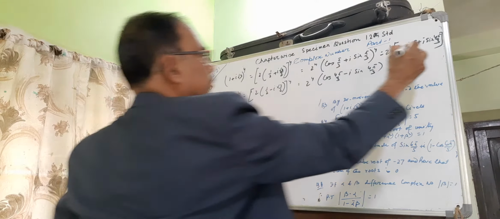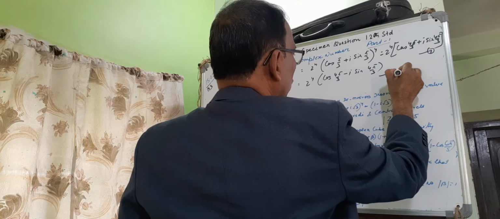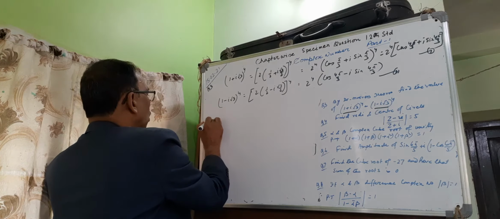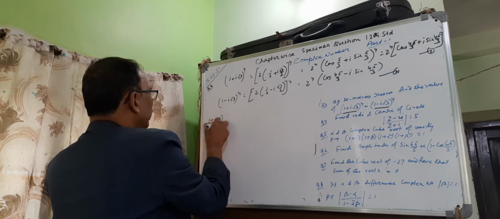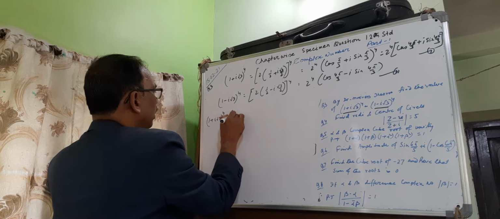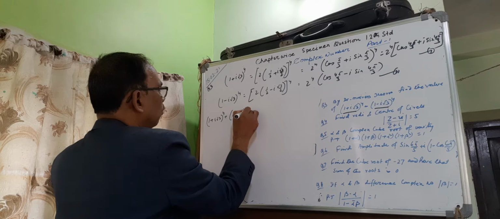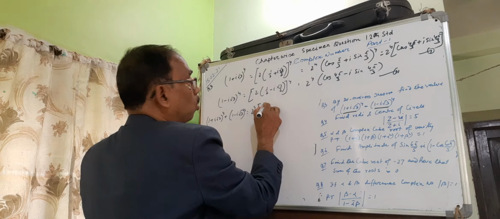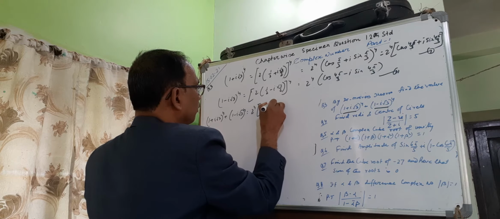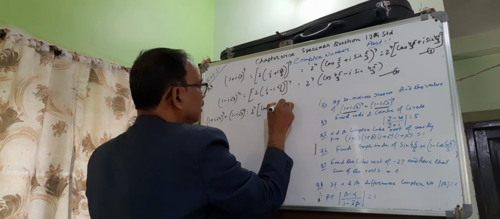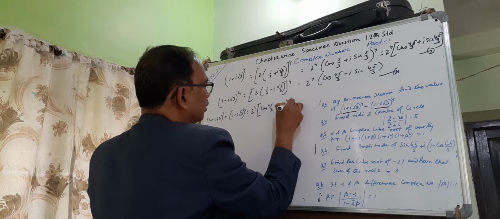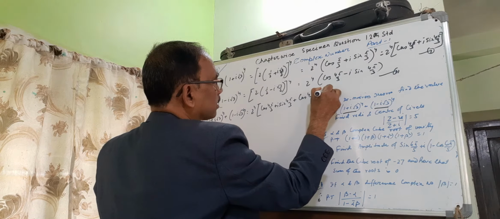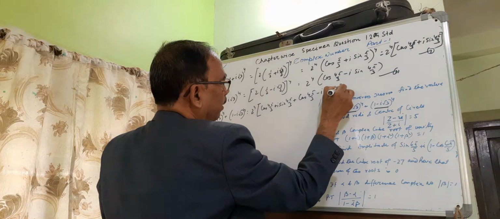Now this is 1 and this is 2. We have to find the sum of 1 and 2. So (1 plus i root 3) to the power 4 plus (1 minus i root 3) to the power 4 equals this plus this. 2 to the power 4 is common: cos 4 pi by 3 plus i sin 4 pi by 3 plus cos 4 pi by 3 minus i sin 4 pi by 3.